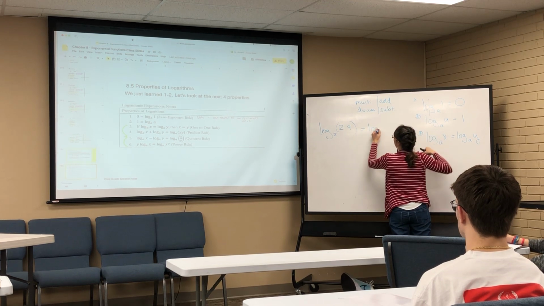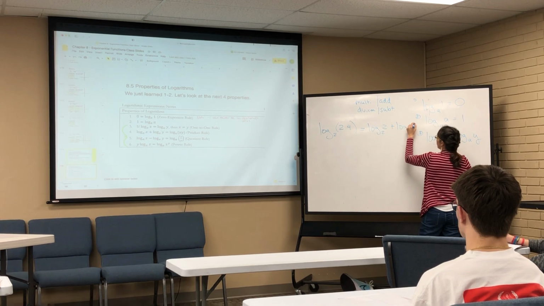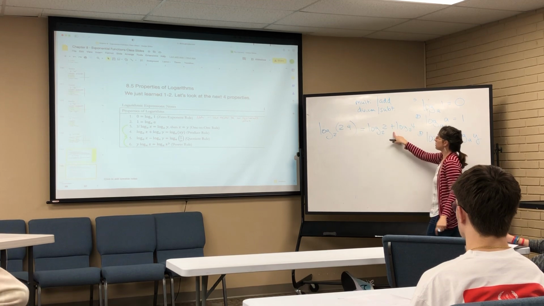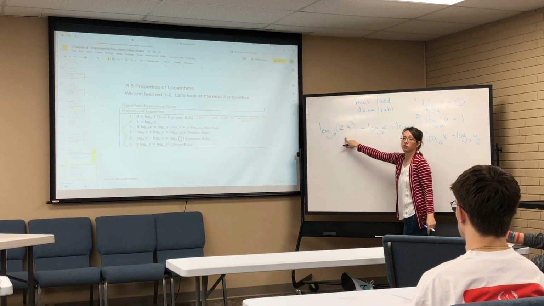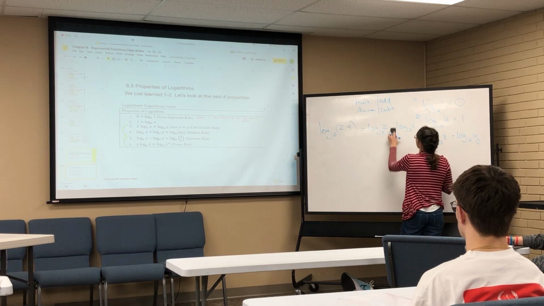So we would separate them out with addition, as long as the bases match. So multiplication becomes addition, or addition becomes multiplication. That's called the product rule.